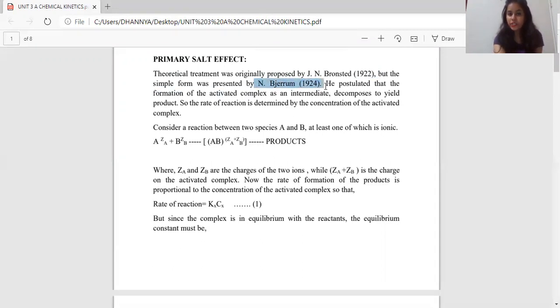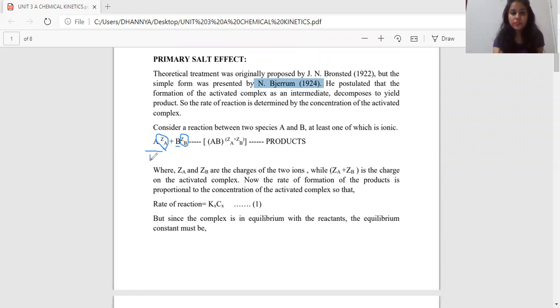Now, what he postulated was that, for example, if I'm reacting two ions, say the A ion, which has a charge of Za, with B, which has a charge of Zb, the two reactants will have opposite charges. They will not have the same charge.